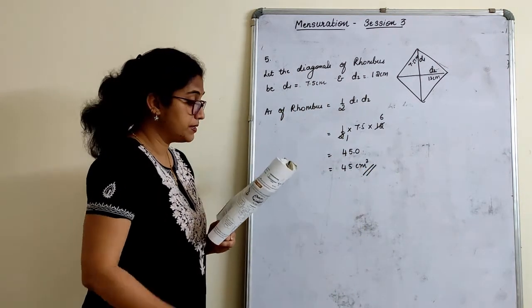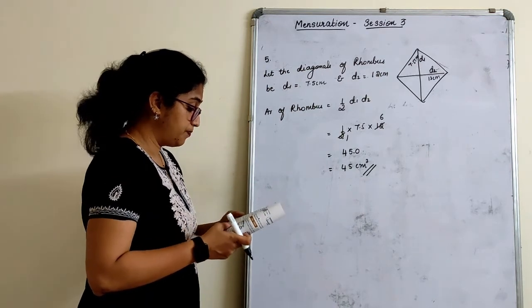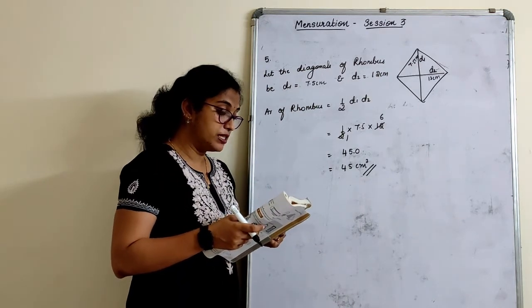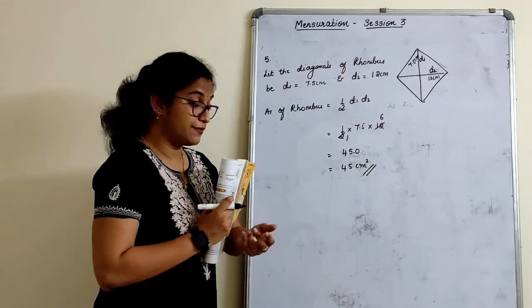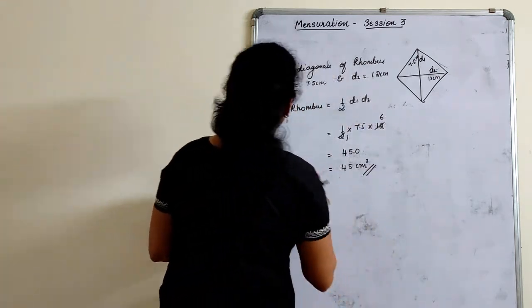Area of rhombus. Now look at the next one. Even here it is area of rhombus, but if you remember I had given you two formulas for area of rhombus, right? Yes, let's start with it.